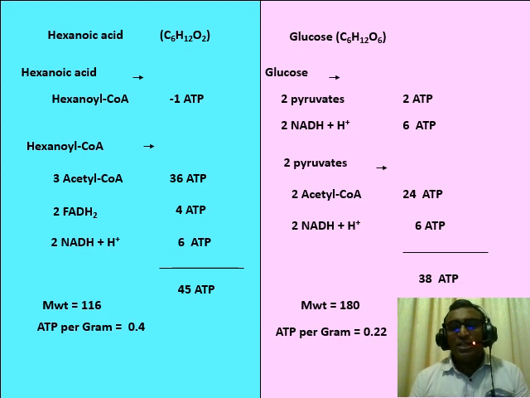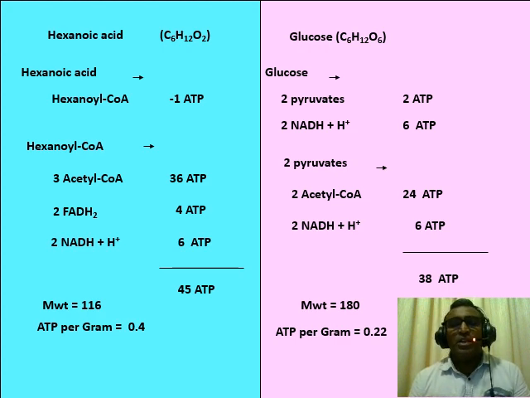So you can see that 0.4 is in fact twice as much as 0.22, therefore proving that in every gram of hexanoic acid being oxidized, you can achieve double the energy in comparison to the oxidation of glucose.